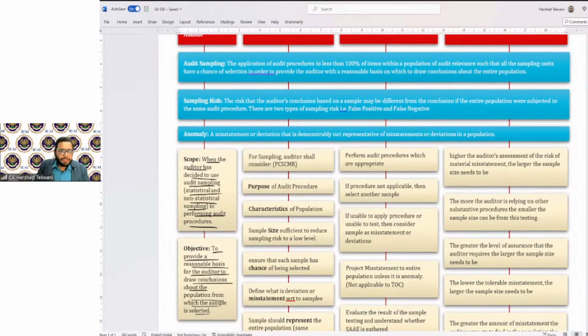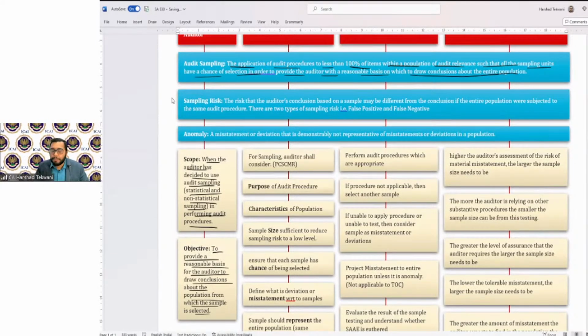So, what is the definition given in the standard? It is the application of audit procedures to less than 100% of the items within a population of audit relevance, such that all sampling units have a chance of selection, in order to provide the auditor with a reasonable basis to draw conclusions about the entire population.